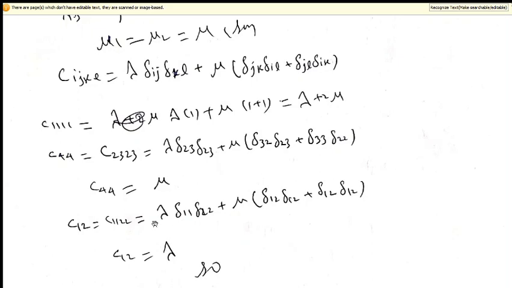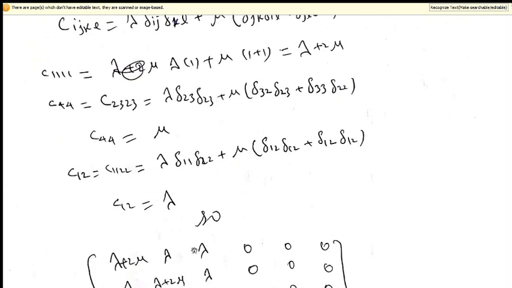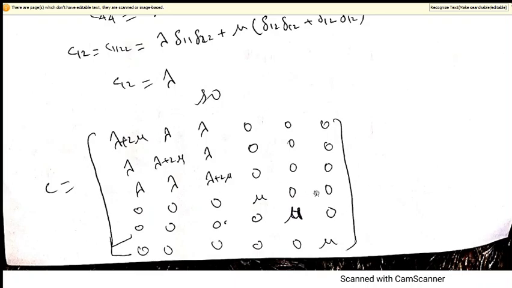So we are left with the off diagonal components. They are C12, that is C1122: lambda delta 11 delta 22 plus mu delta 12 delta 12 plus delta 12 delta 12. This would be 0, this would also be 0, and we have only C12 equal to lambda. So we have this type of elasticity matrix for an isotropic continuum: lambda plus 2 mu, lambda plus 2 mu, lambda plus 2 mu, mu, mu and mu, lambda, lambda and lambda.